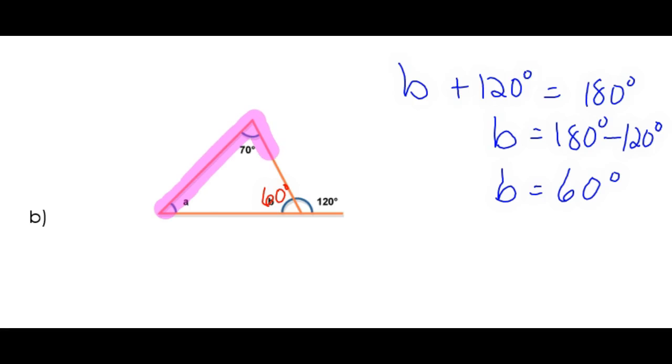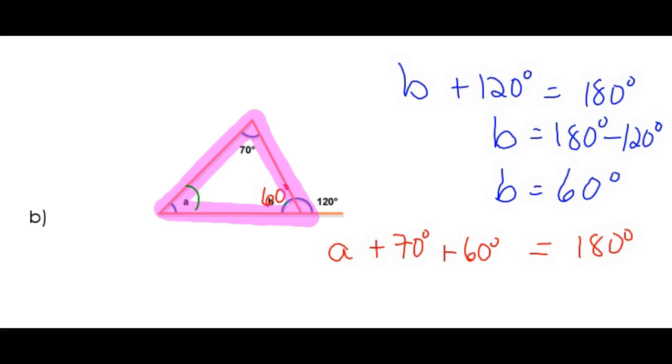Well, I have this whole triangle right here, and I have two of the three angles, so the only thing required for me to find A is to remember the triangle sum relationship, right? All of the angles in my triangle are going to add up to 180 degrees. So whatever A is, plus the 70 degrees in the top angle, plus the 60 degrees in the bottom angle, will give me 180 degrees.